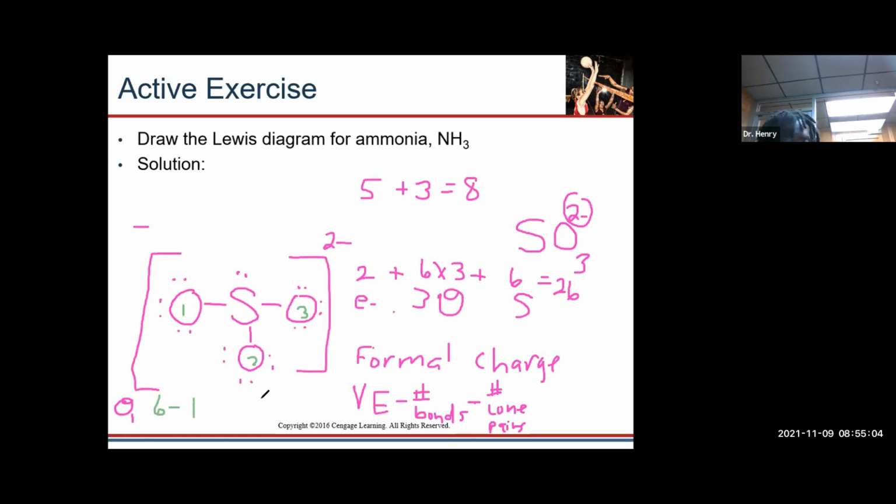Okay. And then how many lone pairs? So this is a pair, this is a pair, and this is a pair. How many lone pairs does the oxygen have? So that's 1, that's 2, that's 3 lone pairs, okay?